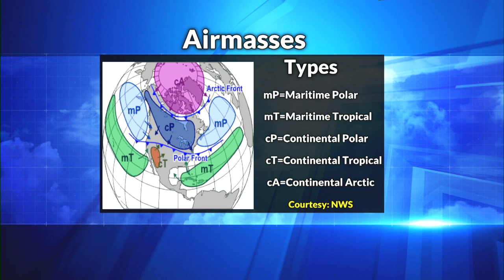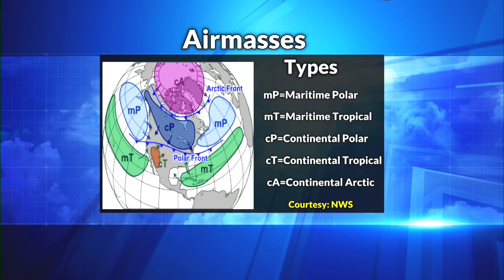So that CP, that dark blue right in the middle, is probably the most common one that affects us in the wintertime, which makes sense. We're cold, and the lakes are what give us the snow a lot of times, but it generally is a dry air mass.